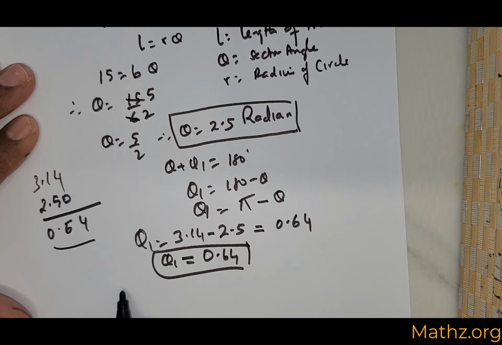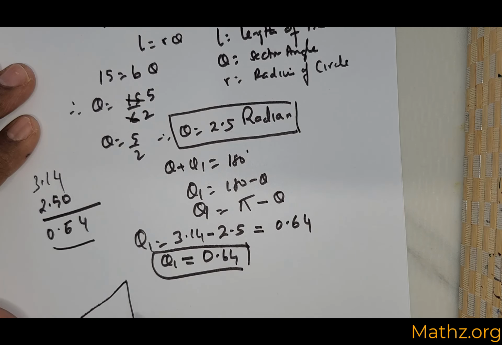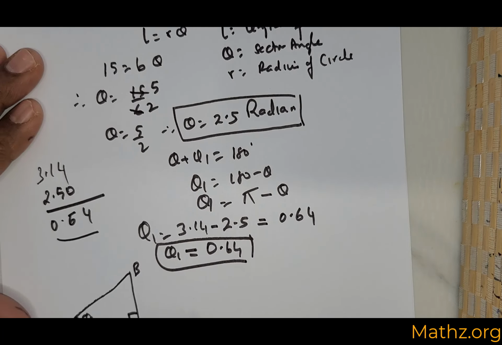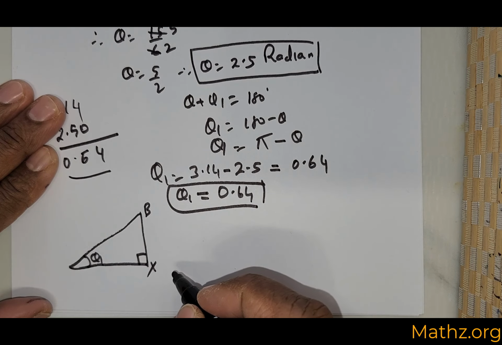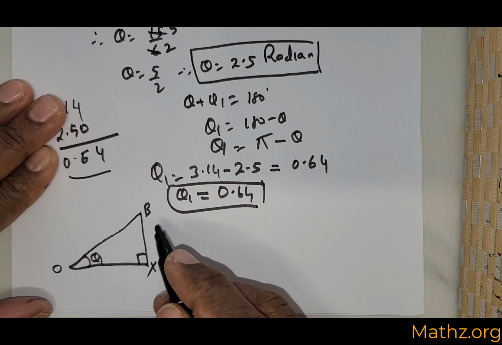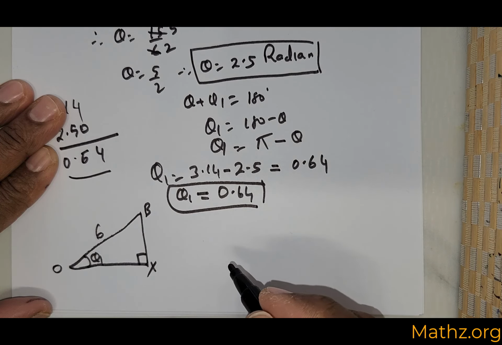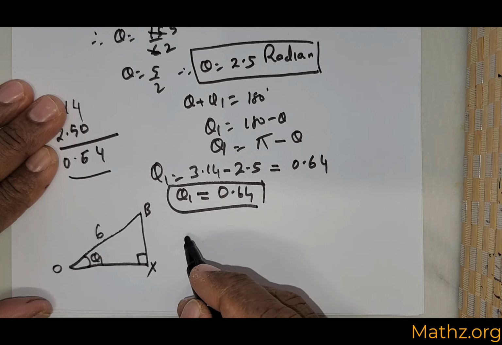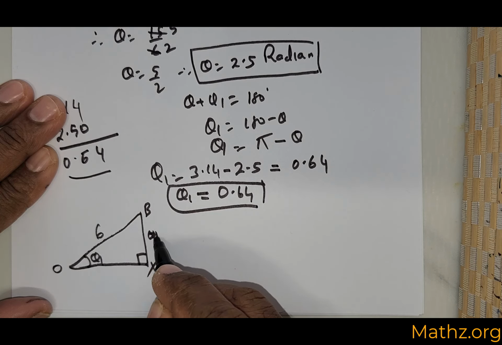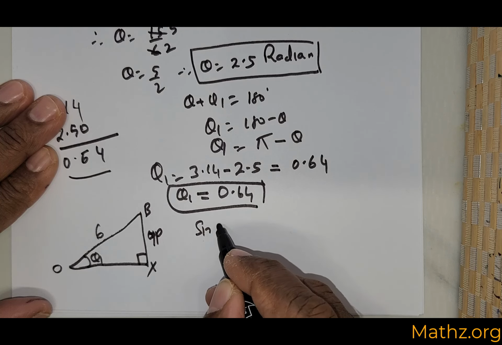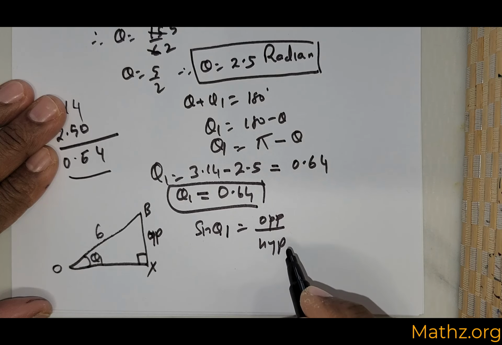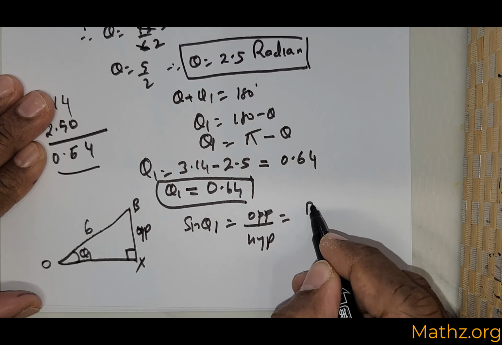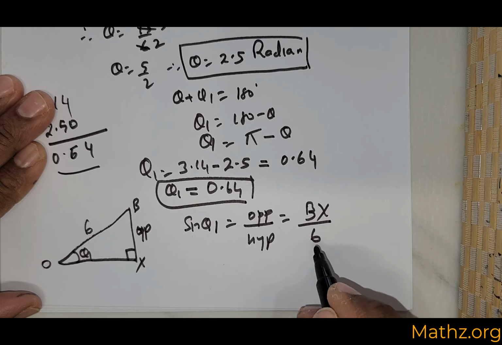Now I will just draw the diagram and show it to you. So this is 90 degrees. This is my theta 1. This is my BX. Now this is OB. OB is 6 units. I want to get BX. So this is my opposite side. So use the sine formula. Sine theta 1 in this case is opposite side divided by hypotenuse, which is BX over hypotenuse, which is 6.